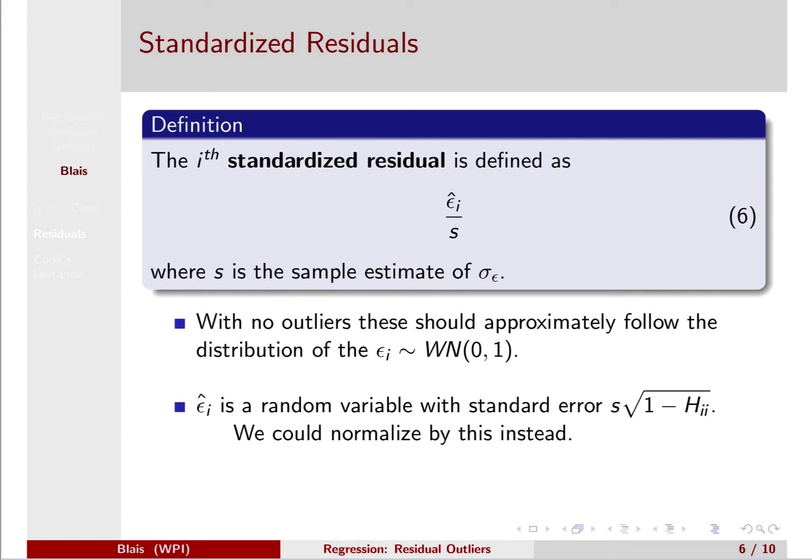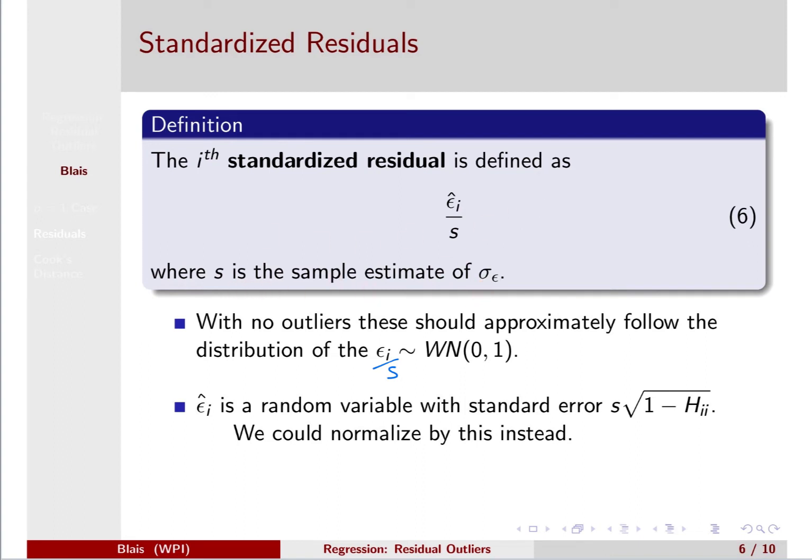And with no outliers, this should look like the distribution of the theoretical noise terms. Now we define that as white noise with mean 0 and variance sigma epsilon squared, but the idea here is we are dividing this by s, and so the result is that we should have a 1 here instead of a sigma epsilon.